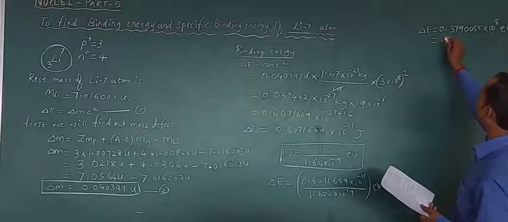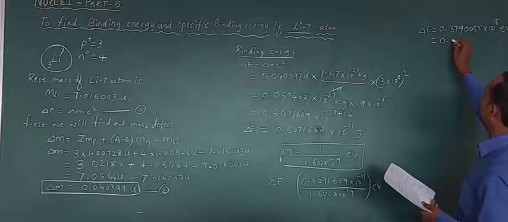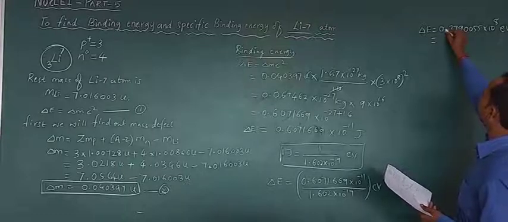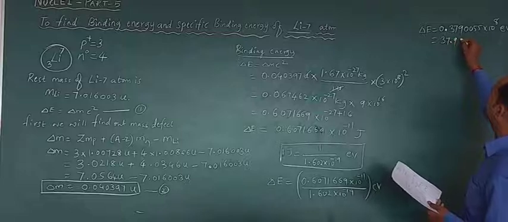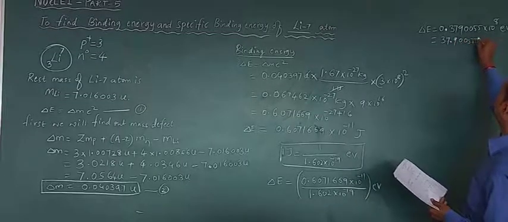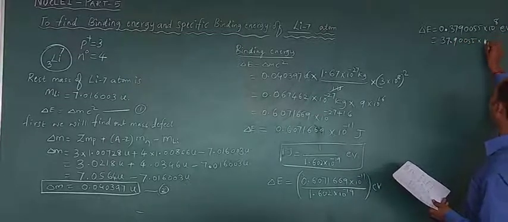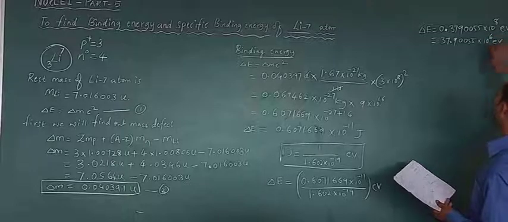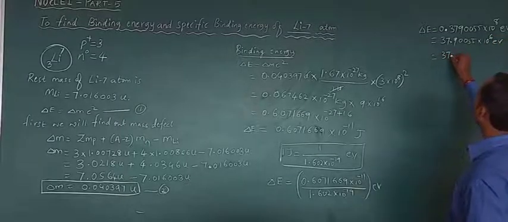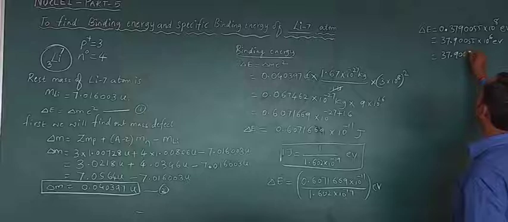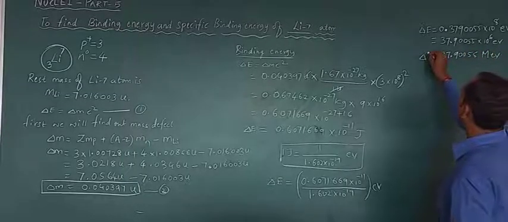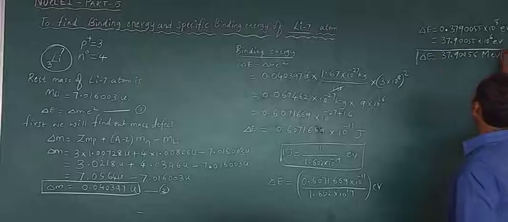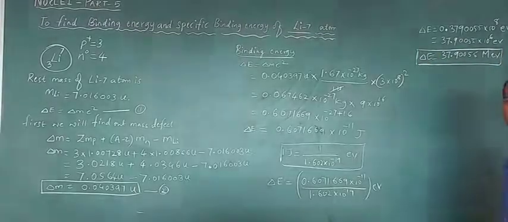This can be written by shifting the decimal point two places: 37.90055, with 10 raised to the power of 6 electron volts, or we can say 37.9055 million electron volts is the binding energy of the lithium 7 atom.